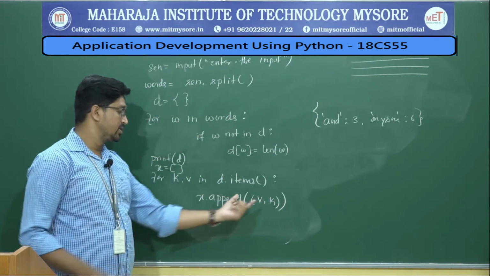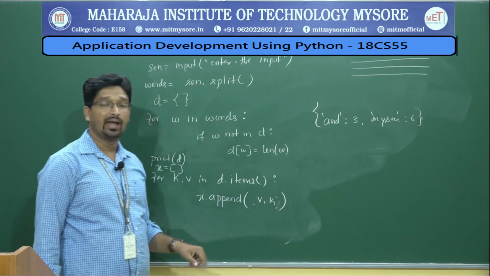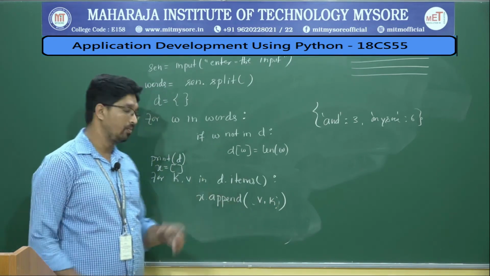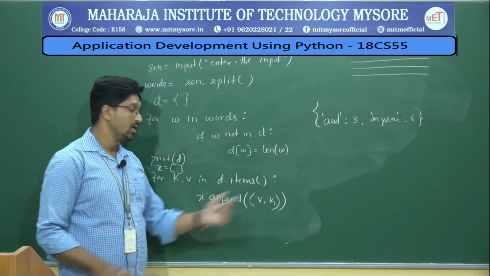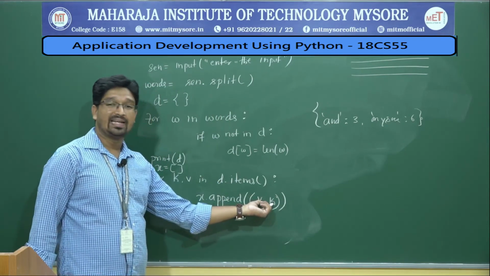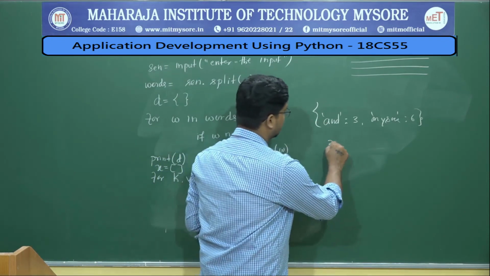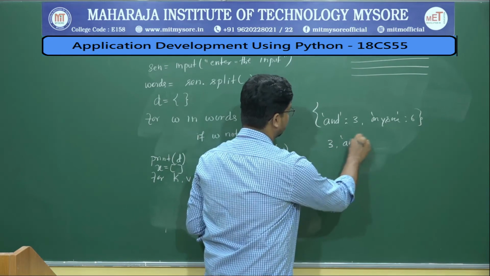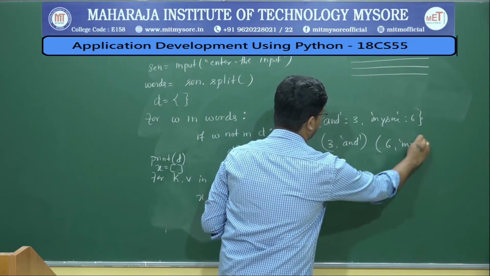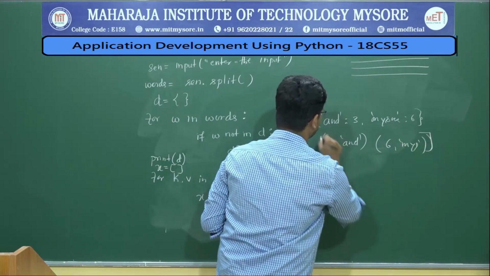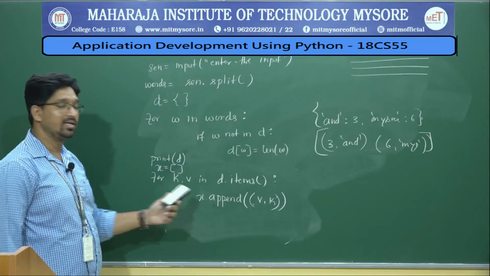If you write append without a bracket, it's an error, because append will take only one argument. So I am writing this whole as one bracket, because now I have a value and key pair. Initially we had key and value, now it becomes 3 comma IND. This is one value, 6 comma Mysore is another value, that is a list. It's a list now, so I will get the list.